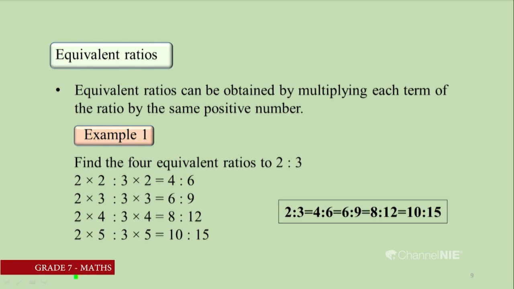Next, 2 multiplied by 5, 3 multiplied by 5, 10 to 15. Then you can see equivalent ratios like this: 2 is to 3 equals 4 is to 6 equals 6 is to 9 equals 8 is to 12 equals 10 is to 15. That is how we get equivalent ratios.